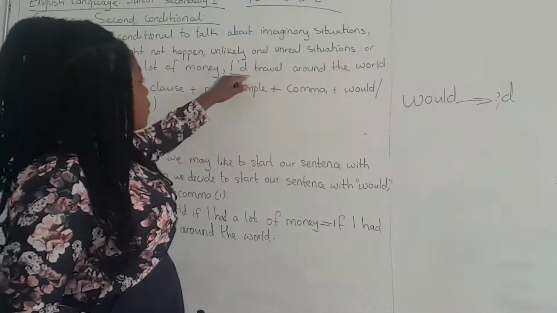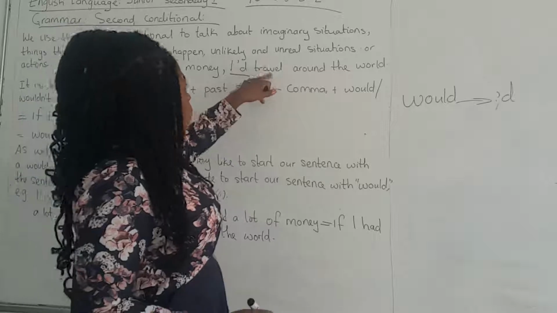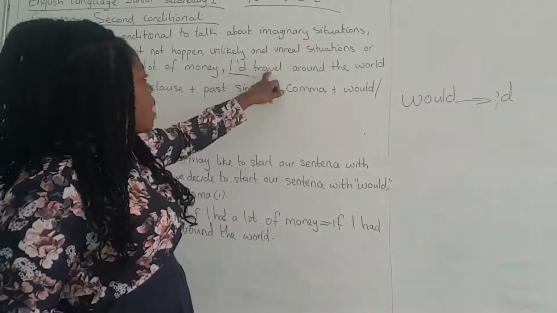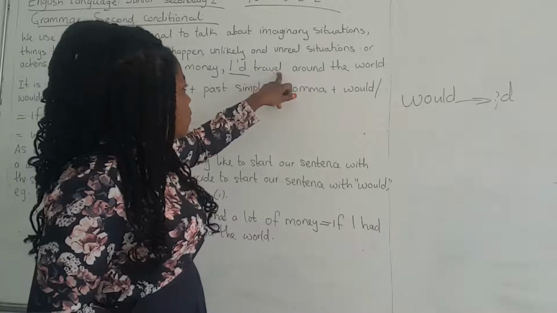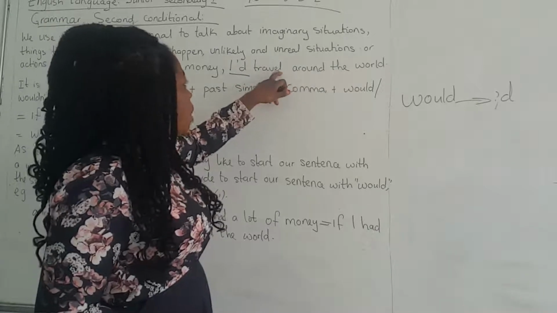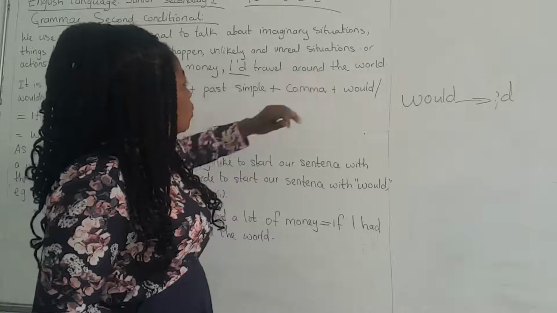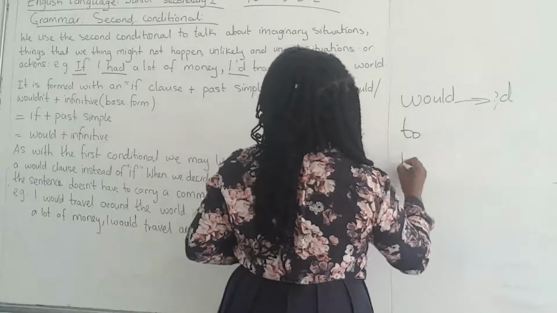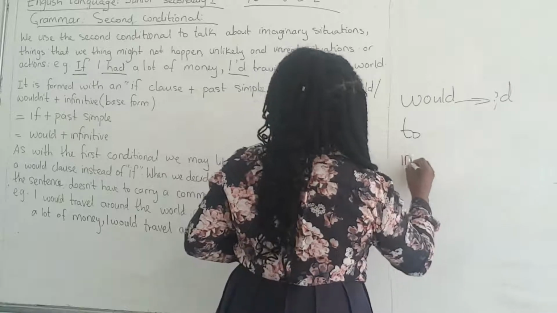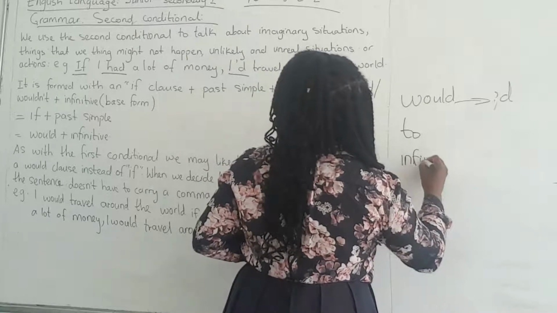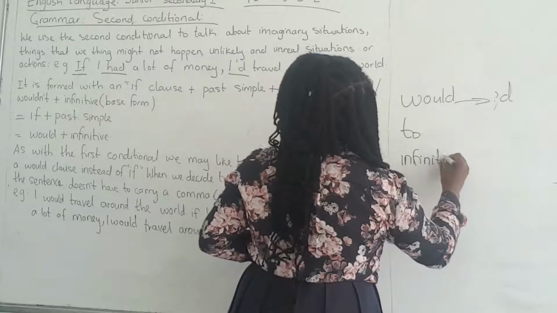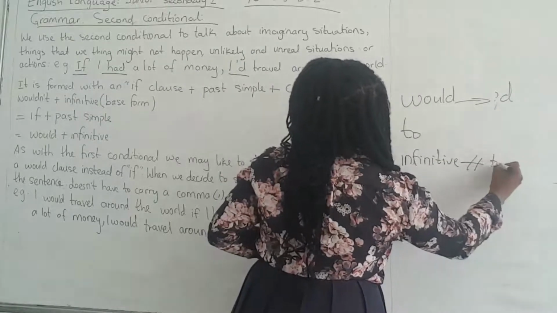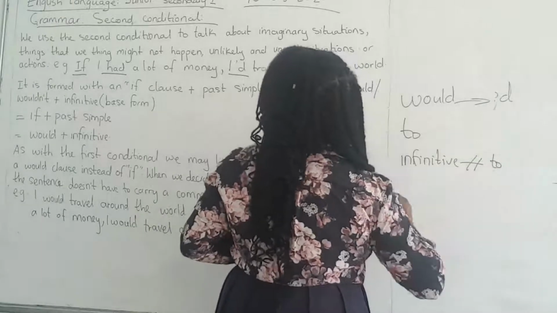I'll travel. After would, the verb that follows should be in the base form. As you can see here, travel is in the infinitive form. And after the verb, we don't write to. There is no to. You don't put to after the verb in the infinitive form. The infinitive minus to.